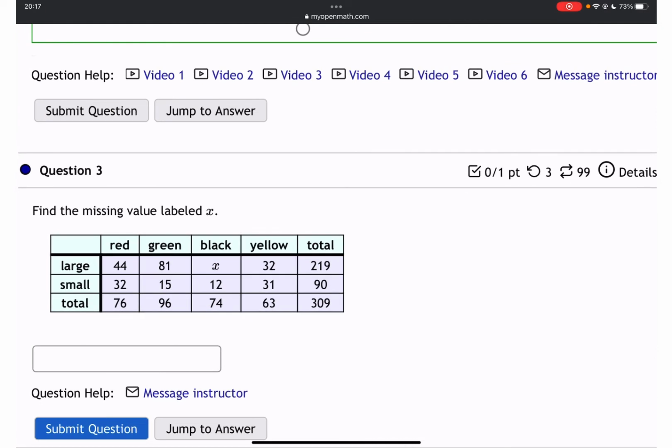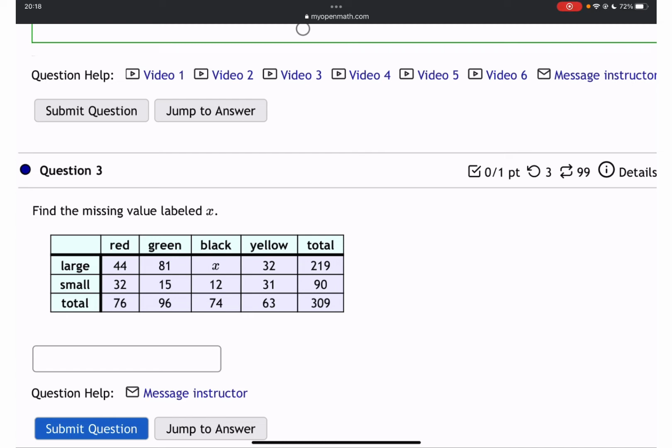Well, this one is too easy. Look at that. We need to find large black. So the large one, total 219. If I subtract from the total 219 red, green, and yellow, I'll get the black one, right?